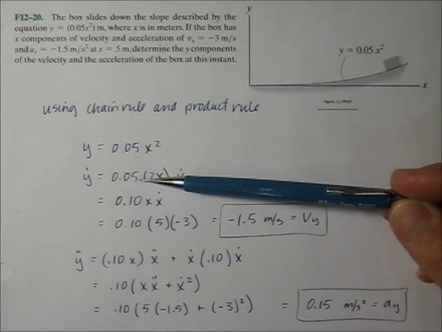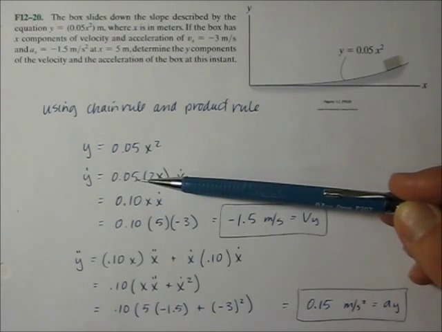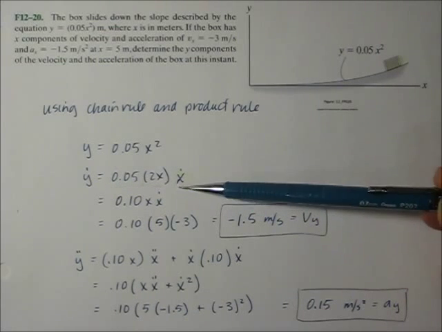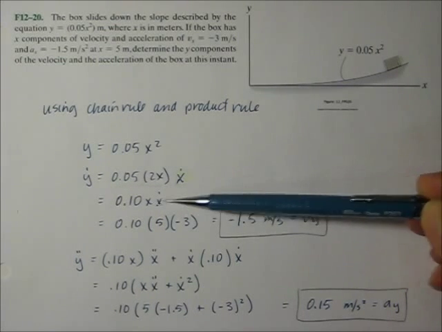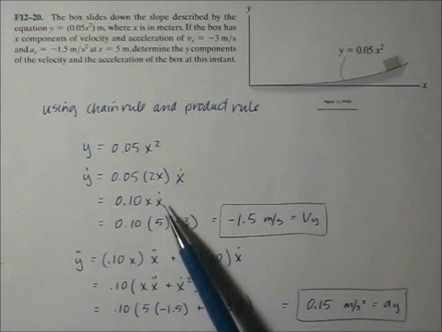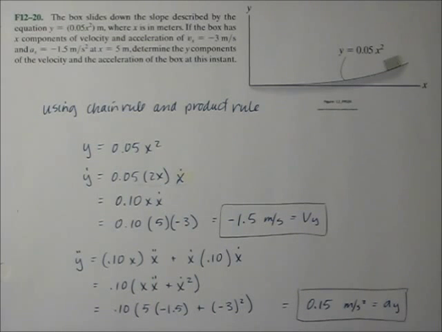Y dot, taking the time derivative of both sides, is 0.05 times 2x, which is my dy/dx, times dx/dt. Multiplying that out and evaluating at x equal to 5 and x dot equal to minus 3, I can see Vy is equal to negative 1.5.